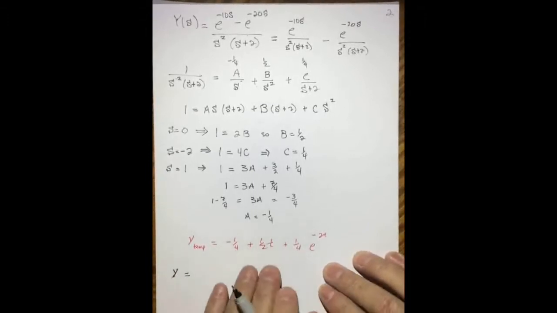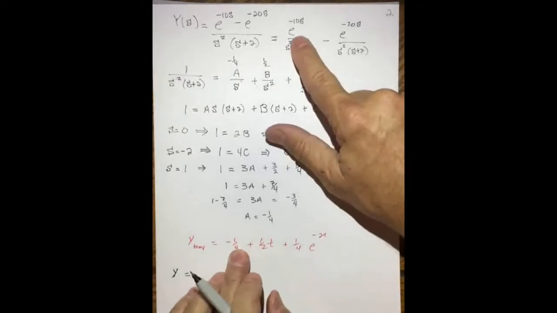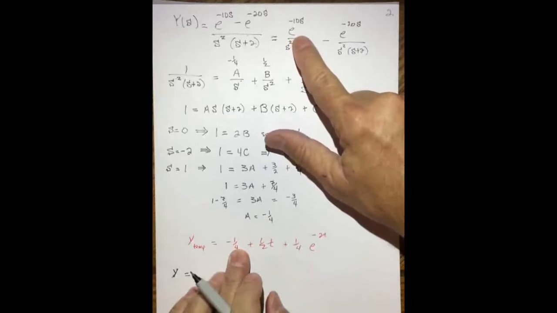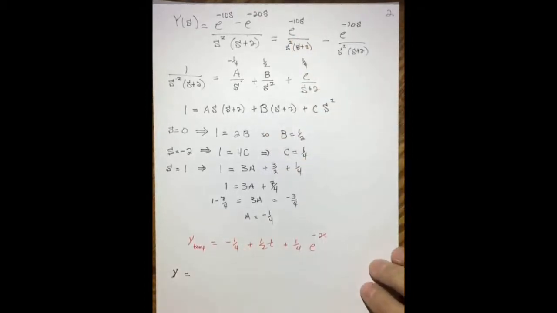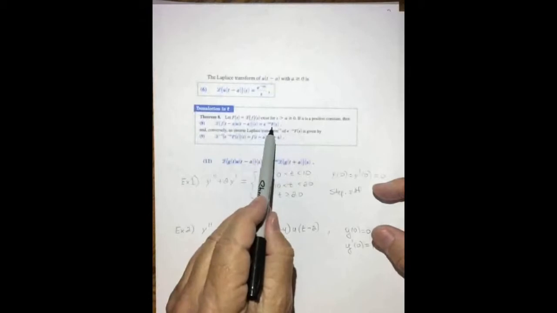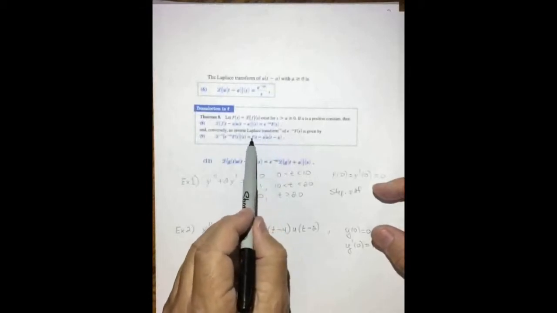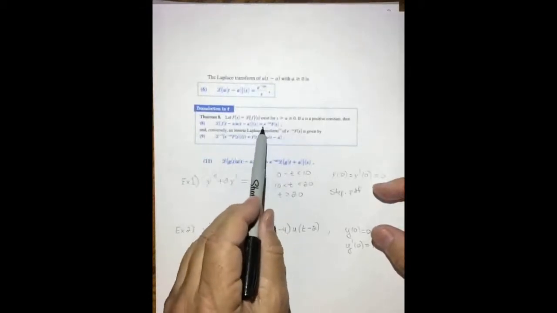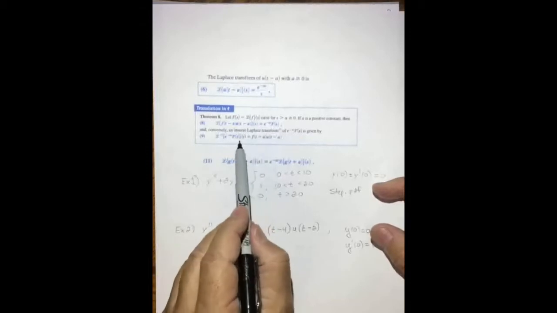So what I'm going to have is this part stepped at t minus 10. Now, what that means is this theorem right here must be obeyed. It must be obeyed.